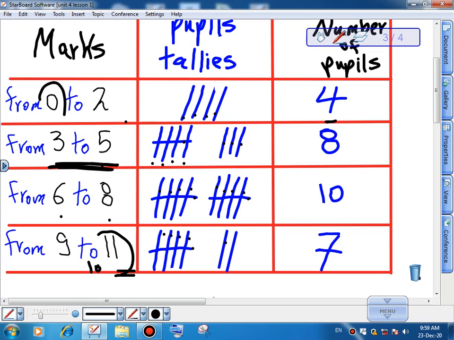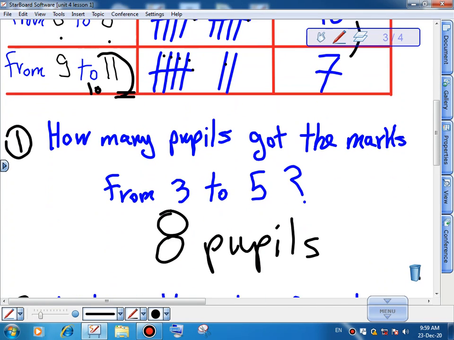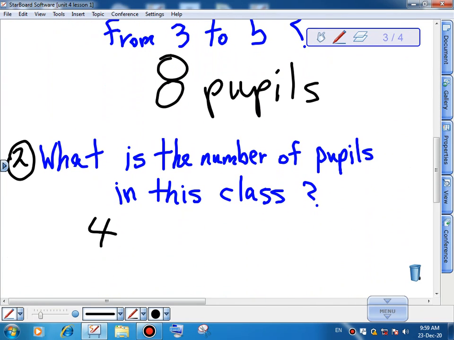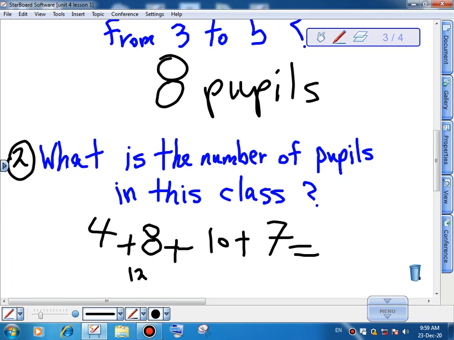So we get 4 plus 8 plus 10 plus 7. We get the summation of these numbers. 4 plus 8 equals 12. 12 plus 10 equals 22. 22 plus 7 equals 29. So we have 29 pupils in this class.